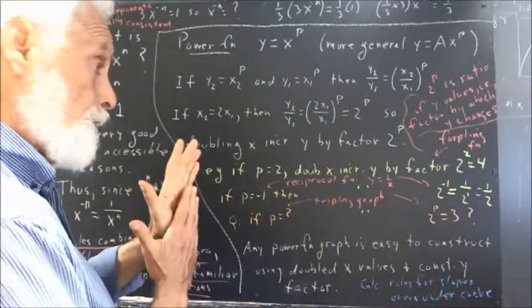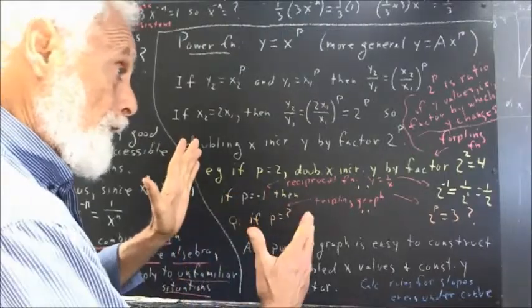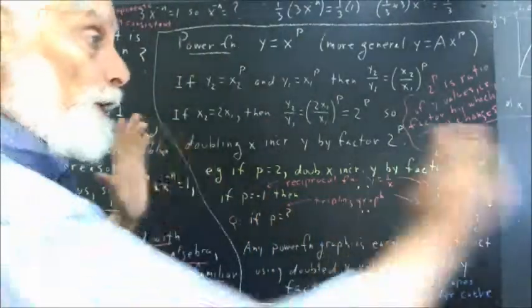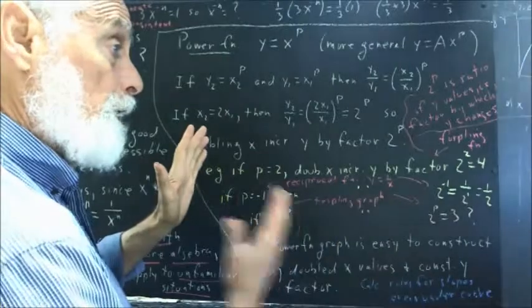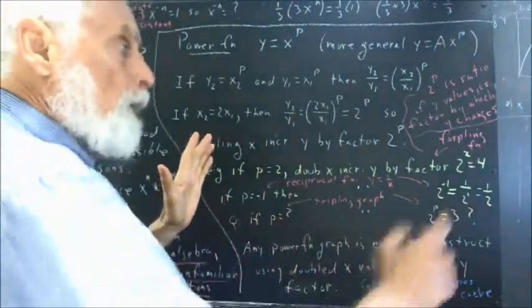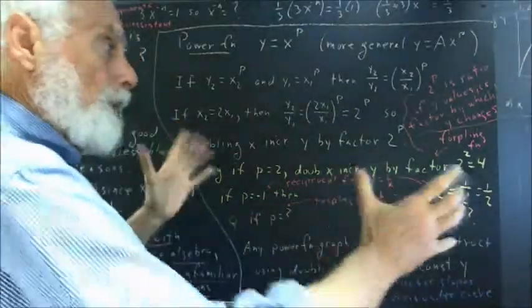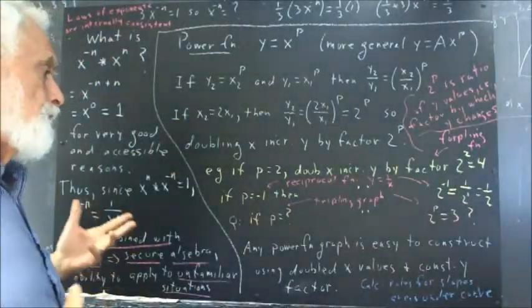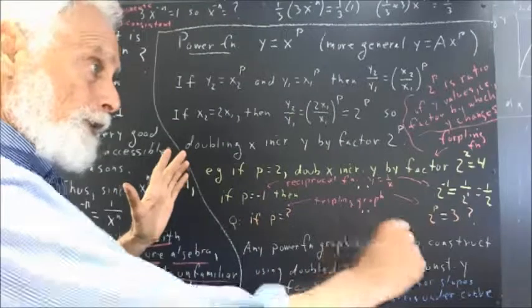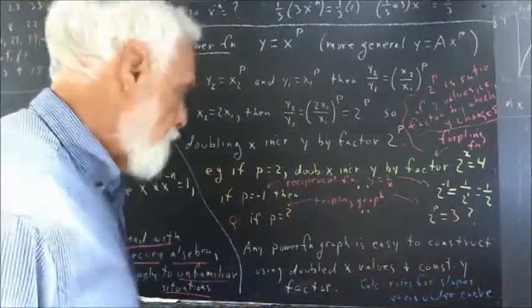You start with some value, you double that, you double that, you double that. Or you start out here and go half, half, half, half. As you go from right to left, if you get halves, that means if you go from left to right, you're doubling.